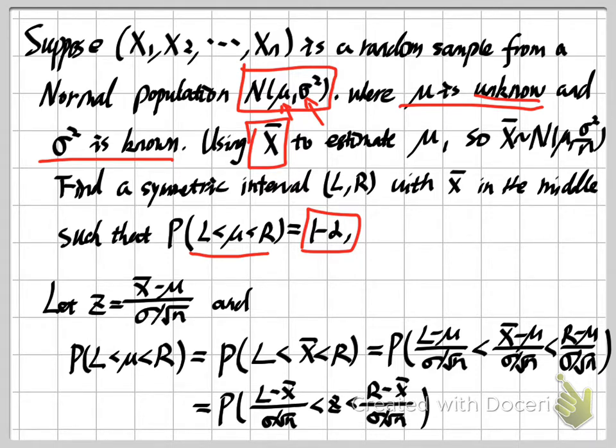Now we want to find this left endpoint and right endpoint. I denote these by nu 1 and nu 2, and we want them to satisfy the probability that Z is between nu 1 and nu 2 equals 1 minus alpha.